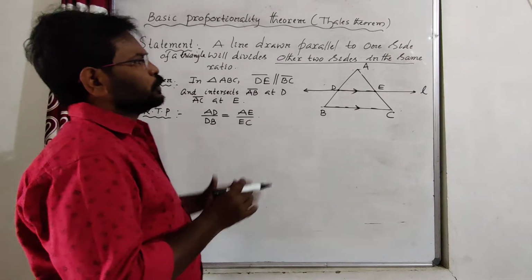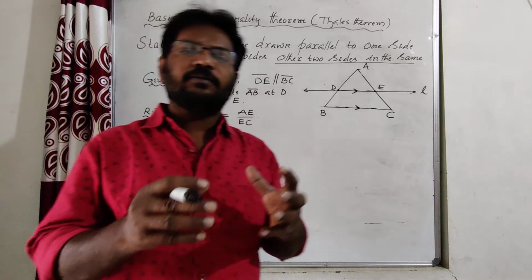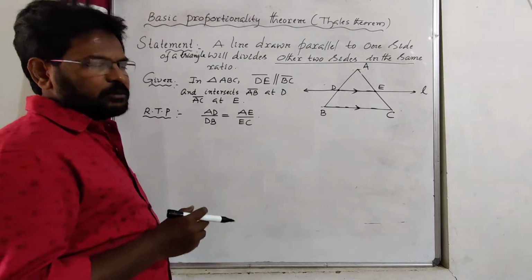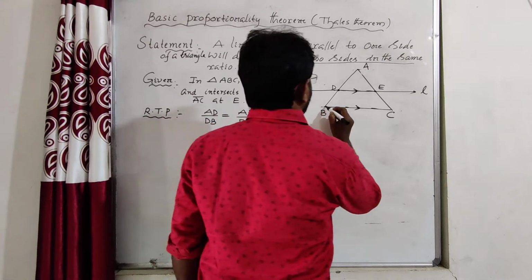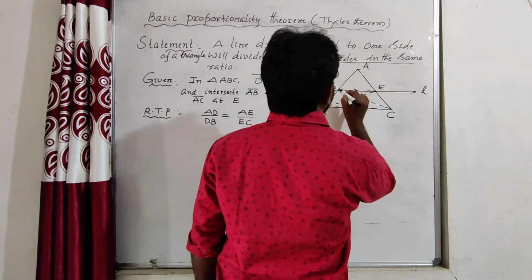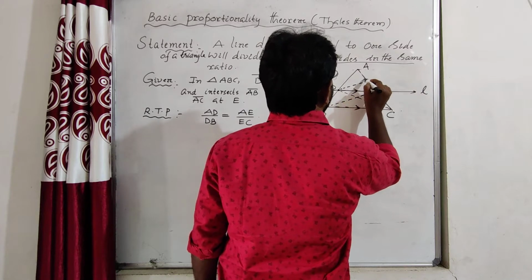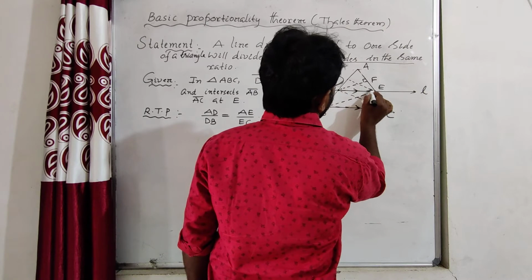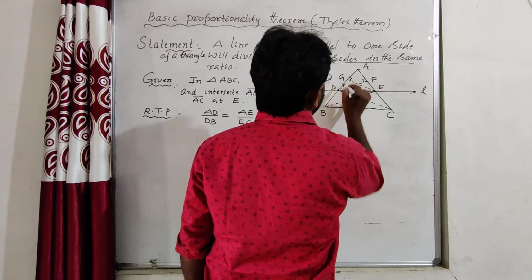Now, to prove the theorem, we need some further constructions. Riders are also important. So what I am doing here, join BE and CD and draw DF and EG perpendiculars.